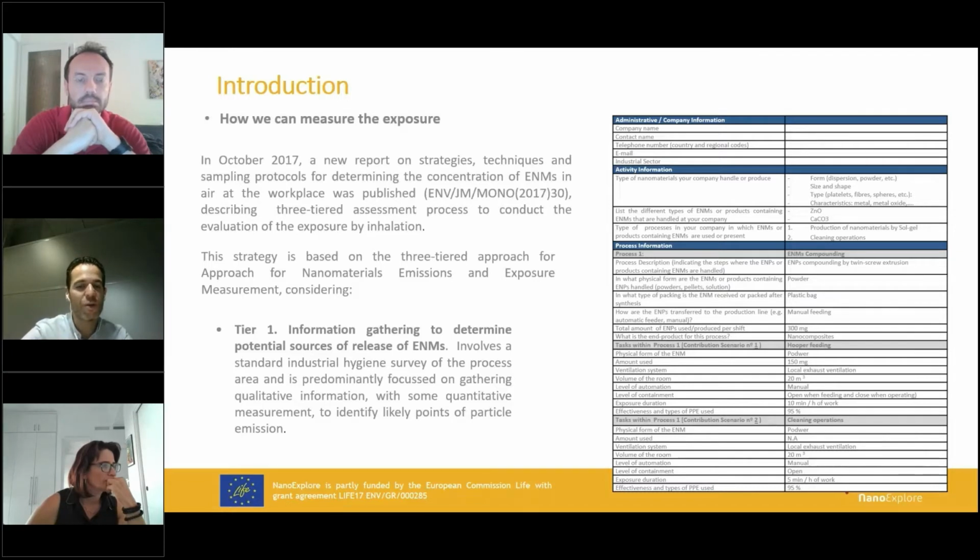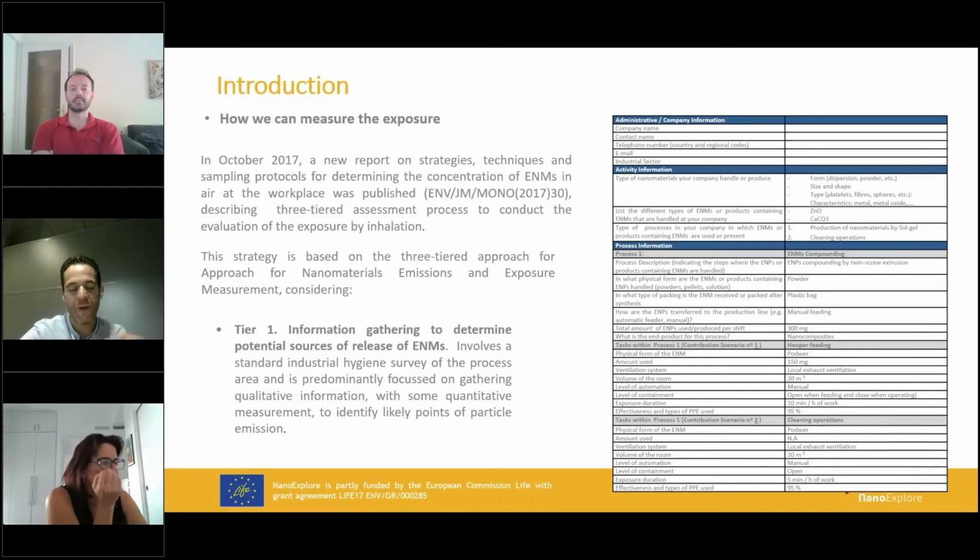So we try to analyze the amount of material, the room where we are doing the process, the level of containment, which is not the same using a clean room or using a big laboratory, also the exposure duration, and of course the effectiveness of the different controls that we have. We have ventilation, we can have containment and filtration, but also we can have personal protection equipment. That's the last one, the last barrier that we can use.